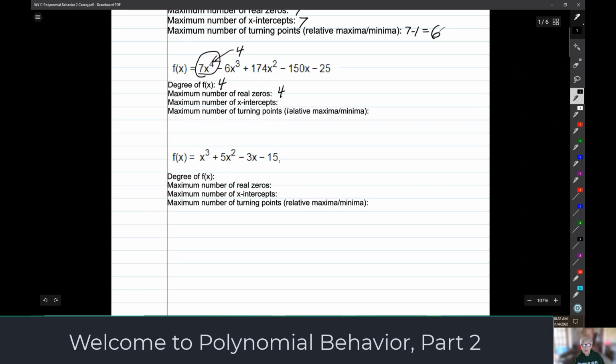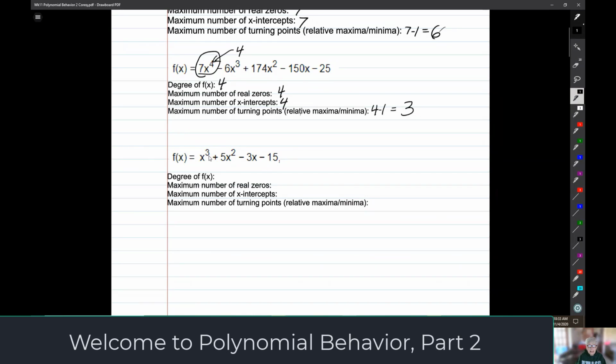And since real zeros make x-intercepts, that would be the most x-intercepts it can have. And the maximum number of turning points will be 1 less than 4, which is 3. It can have less than those, but not more.